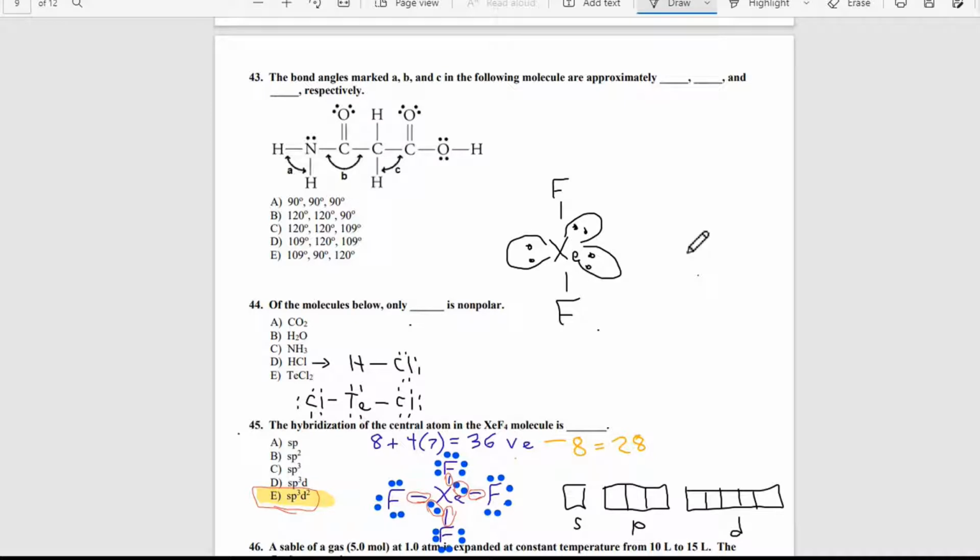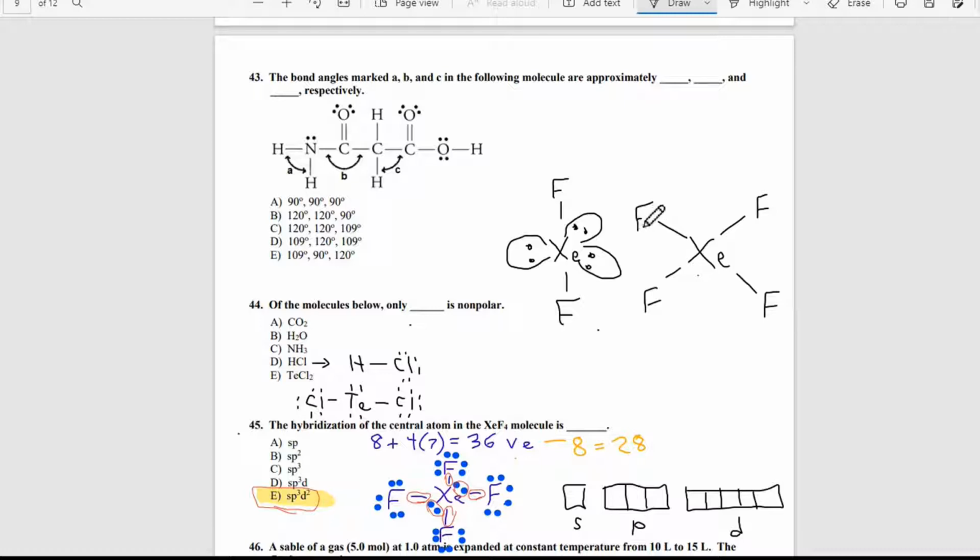The only other case is if you have 6 electron domains with 2 lone pairs. An example of that would be xenon tetrafluoride. So xenon tetrafluoride would look something like this.